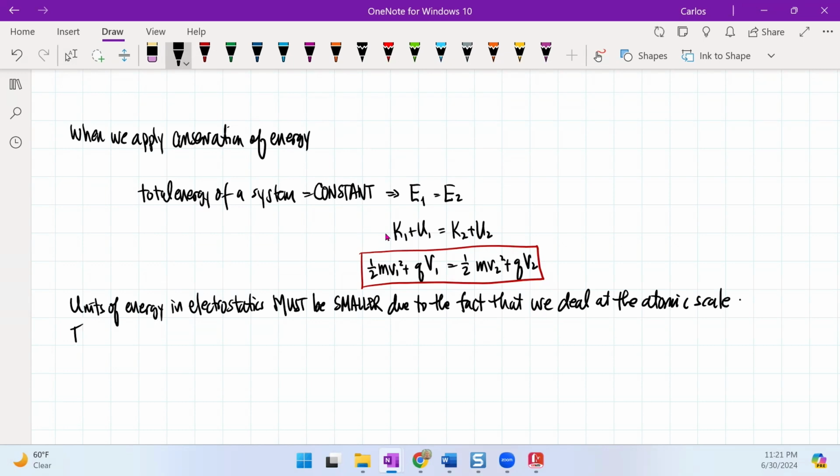So the standard unit is the electron volt, which is typically defined as eV.